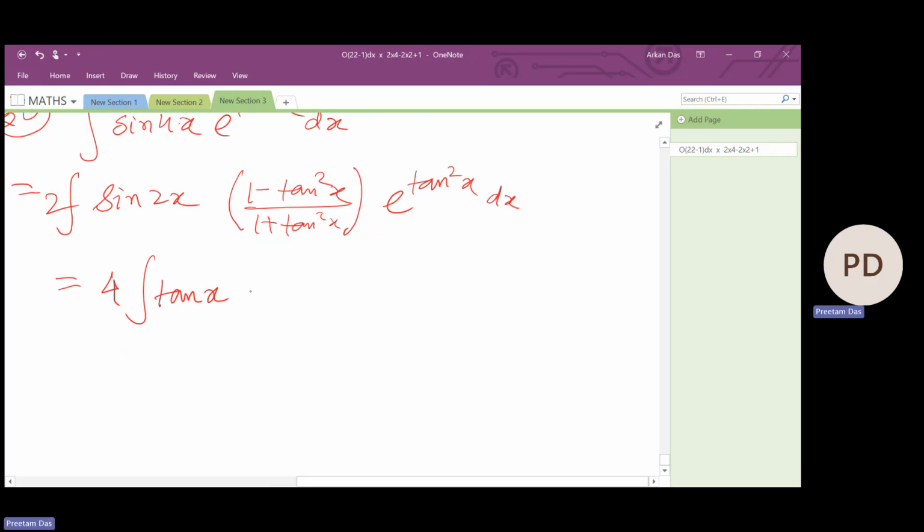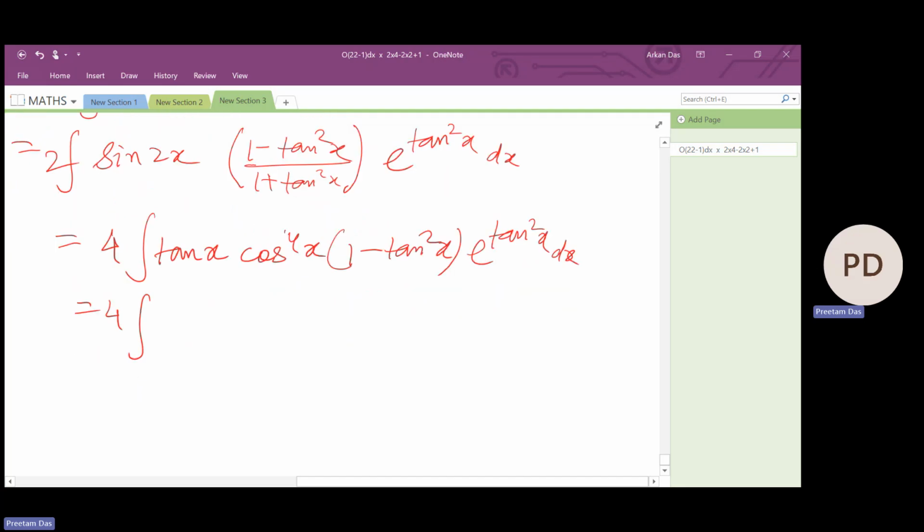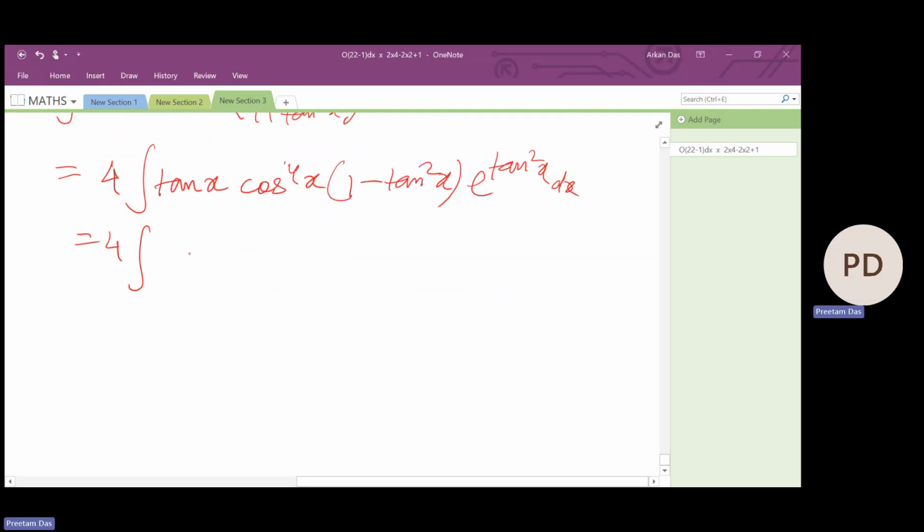Overall, you will have the power of cos, 4x, 1 minus tan square x, e raised to tan square x dx. Now what you have to do, you want a sec x, right? For the differentiation. Not only one, you need sec square too. Make it sec square x. And this will balance the overall equation.